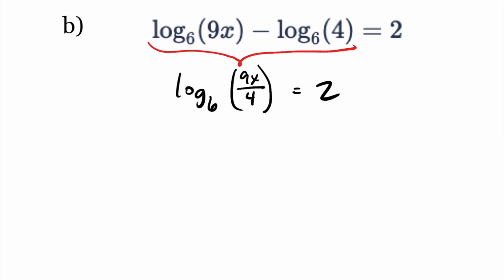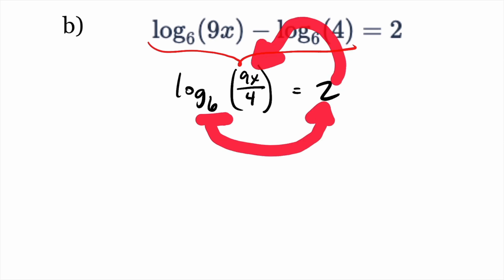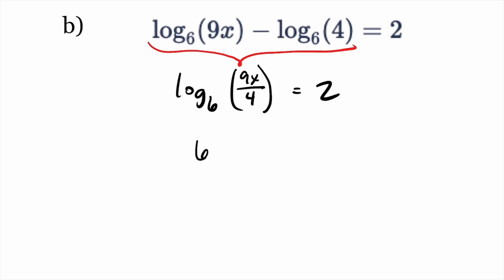Change it to an exponent. Okay, so when we change it to an exponent, you start with the base. Base to this power equals this. Okay, so 6 squared equals the fraction 9x divided by 4.